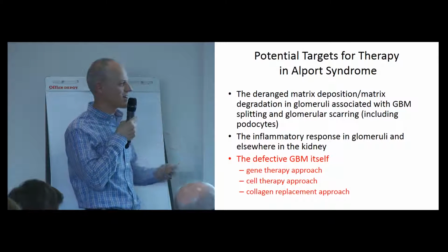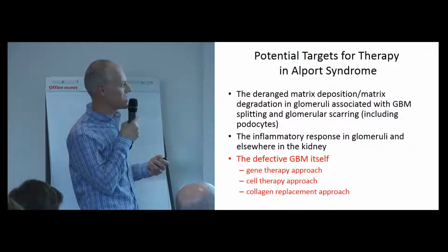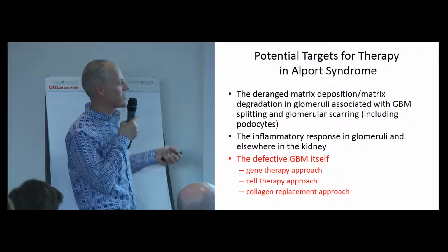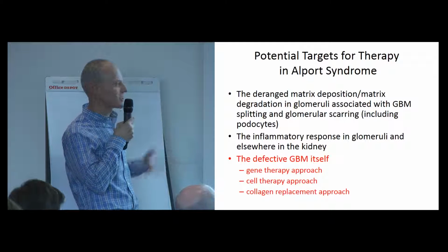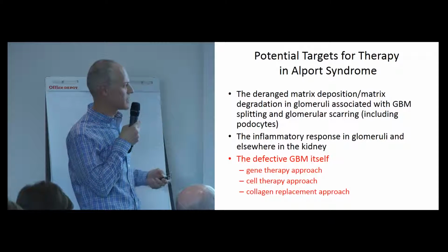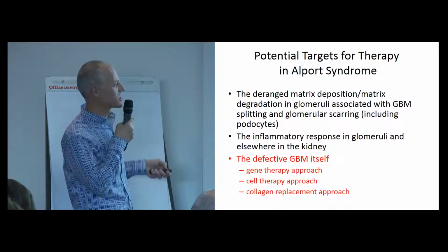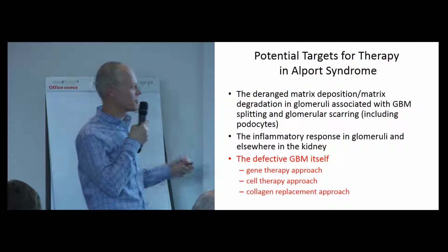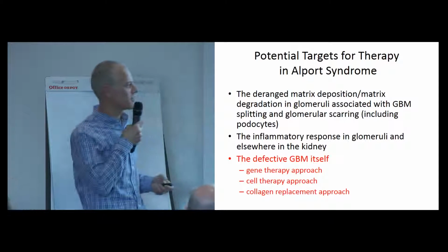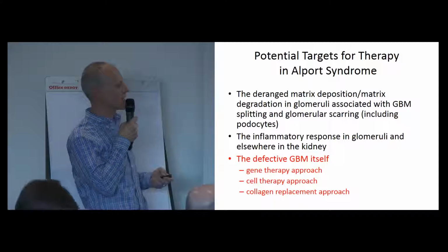I would say that our evidence suggests that that should perhaps be a target, either by gene therapy, by infusing cells that could maybe help secrete the missing collagen, or by using a collagen replacement approach whereby the proper collagen could be infused somehow and reach the basement membrane and incorporate.